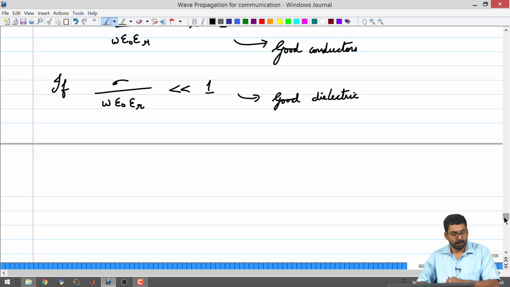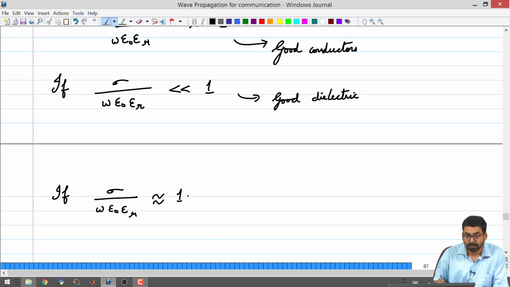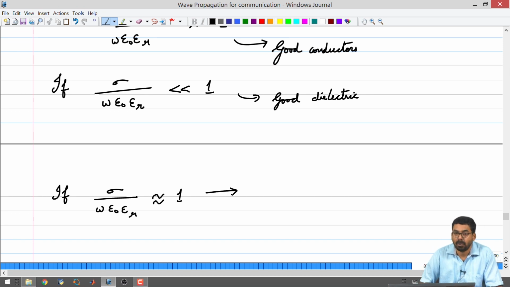Now, we notice that the ratio goes between very much greater than 1 to very much less than 1, which means that as you increase the frequency, the material has to pass through a frequency where both these quantities are nearly equal, because you cannot go from one to the other without passing through that equality. Okay. So, then you can have a case where sigma divided by omega epsilon naught epsilon r is in the order of 1, right. Okay. So, there will exist a frequency for a material where you cannot figure out whether it is a dielectric or whether it is a conductor.